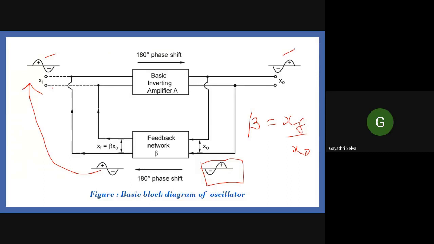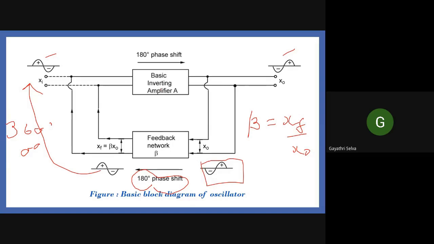Therefore, we have to introduce on our own a 180-degree phase shift so that the feedback signal and the already existing input signal remain in phase with each other. That is, the total phase shift should be 360 degrees or 0 degrees. Clear?